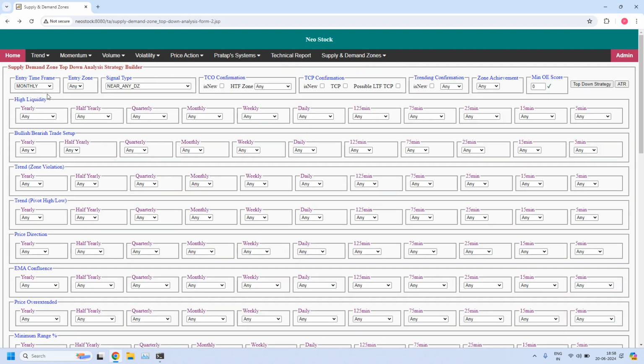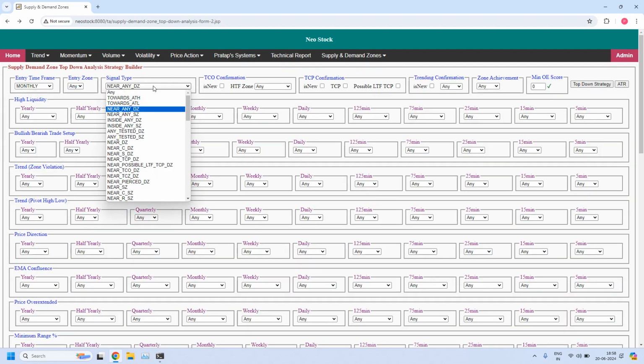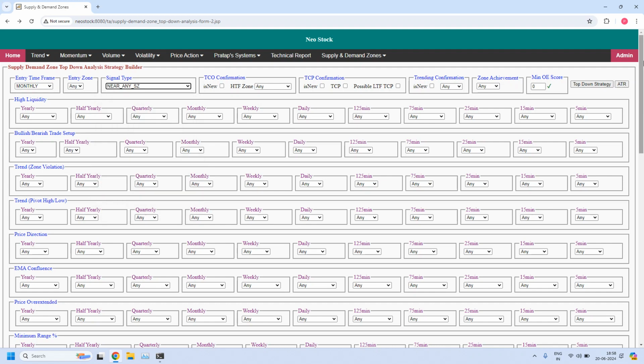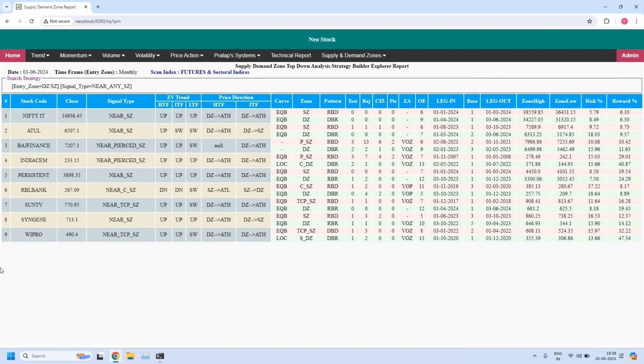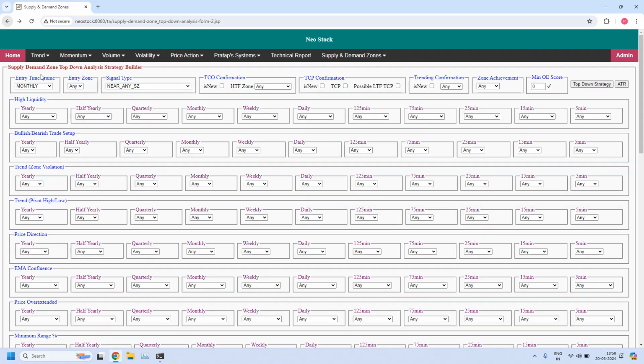So let me go back. For monthly time frame, let us find the stocks near monthly supply zone. So 9 stocks are filtered near to the monthly supply zone. So let me go back.